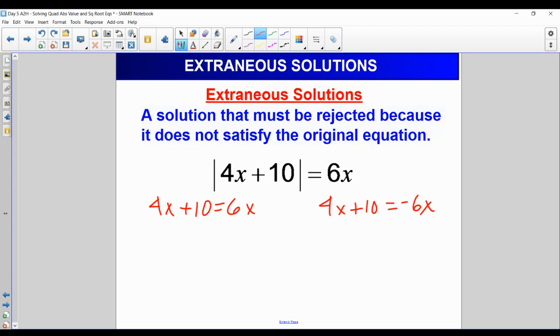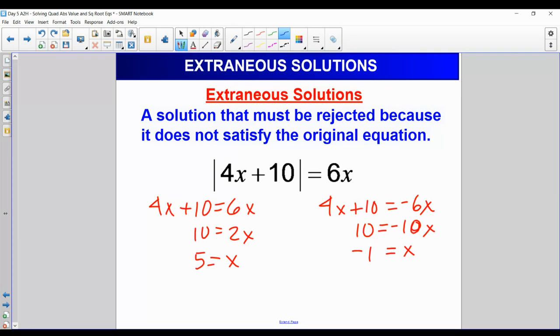If I move the 4x, I'm going to have 10 equals 2x, so x equals 5. If I move it over here, I'm going to have 10 equals negative 10x, so x equals negative 1. So I would think that both of those solutions are correct because I just solved for them.